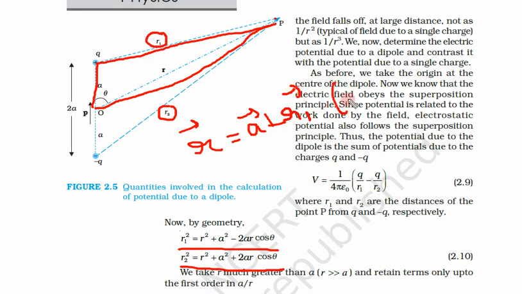This is condition 1. Similarly, we can go from O to P by another path. Take a in this direction and then go like this. So r is equal to a plus r2.